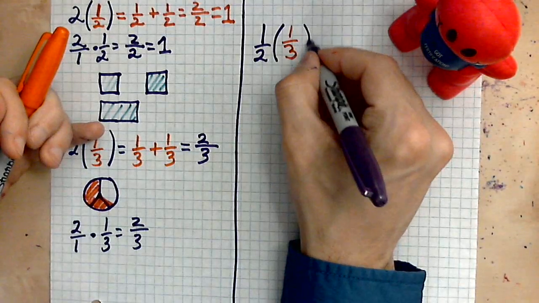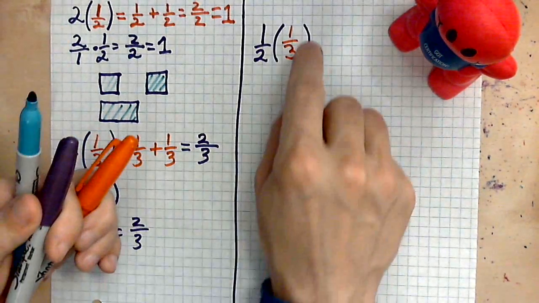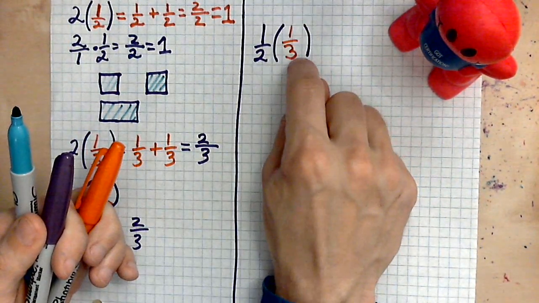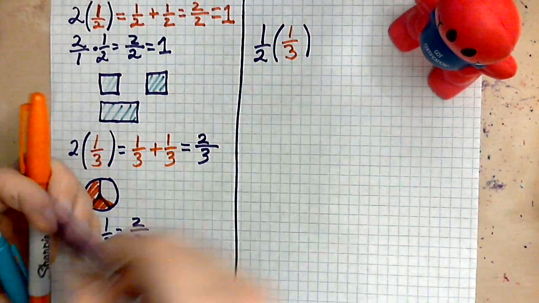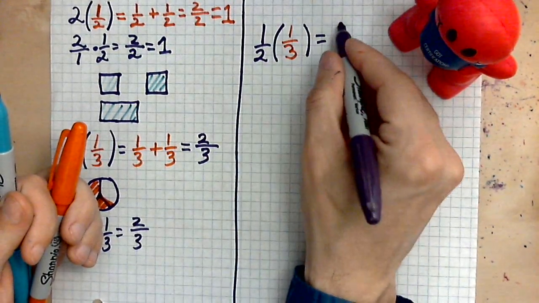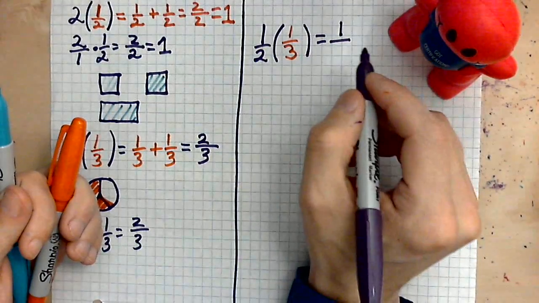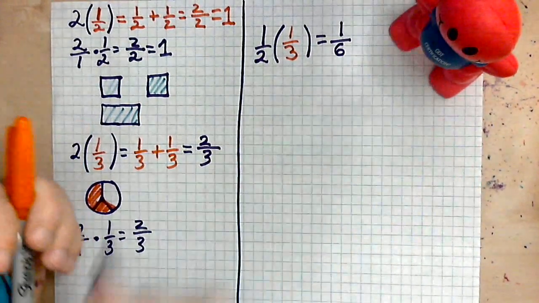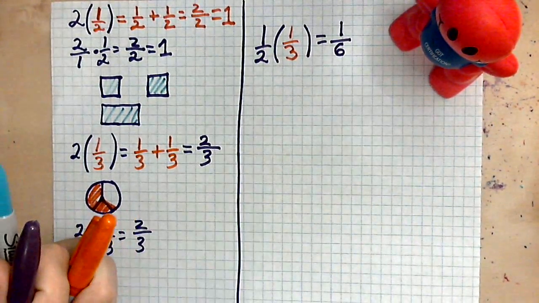So the way to understand this is as follows. We are taking our 1/3, multiplying by half. All you have to do is this. 1 times 1 is 1. 2 times 3 is 6. So it's 1 out of 6.